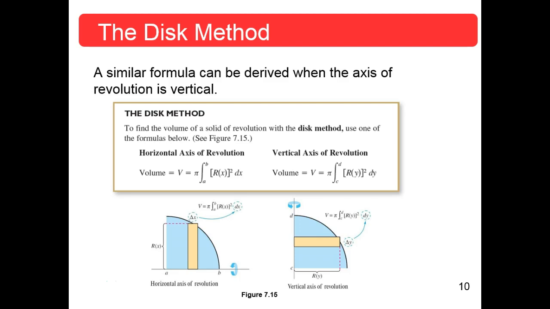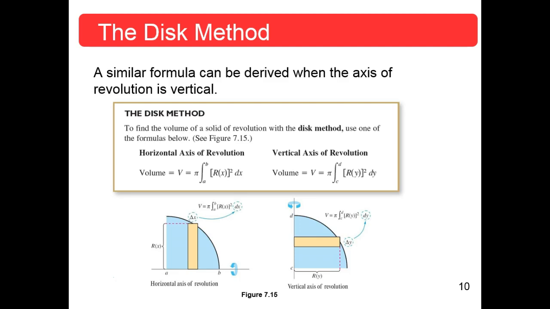And this will do the disk method. So to find the volume of a solid of revolution by the disk method, use one of the formulas. This one is for the horizontal axis of revolution: pi times the integral from a to b of r of x, which becomes your f of x, squared dx. And if it's around the vertical axis, it's pi times the integral from c to d. So these are the limits on the dy.